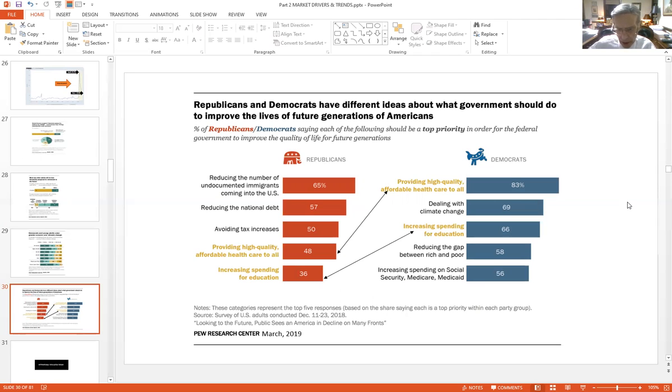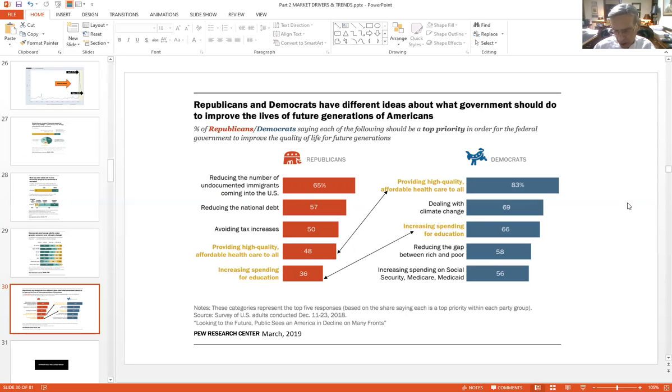However, Republicans have to wait until they win another general election to get their way with regard to undocumented immigrants and reducing the national debt, both of which are major issues for members of that party.